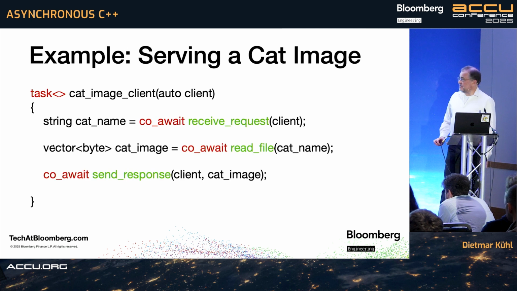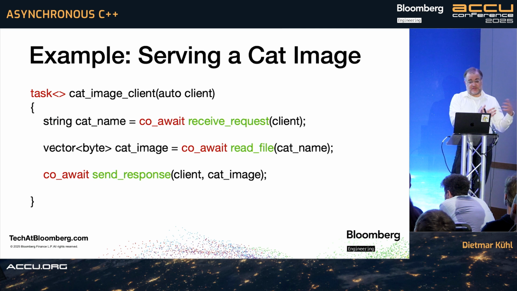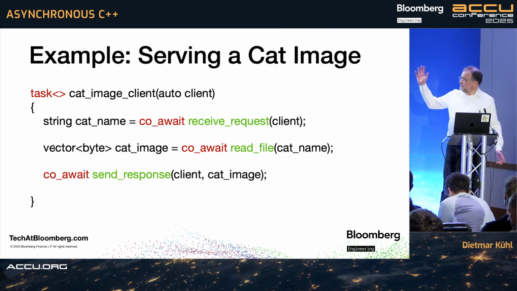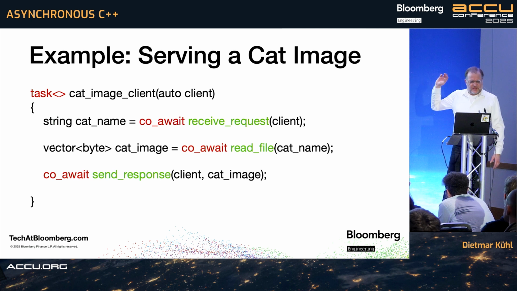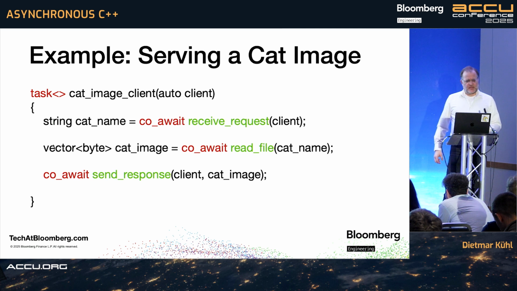Well, actually, here's an immediate example. We could write the same thing we did before by basically, instead of saying receive request and getting a completion, one could have an interface which has receive request, which returns something which is available. We co_await that and we get the name out. And while this is not real code, some code like that could be made to work entirely. And the entire difference basically is we took a handful of co_awaits and put them over the code into strategic places.